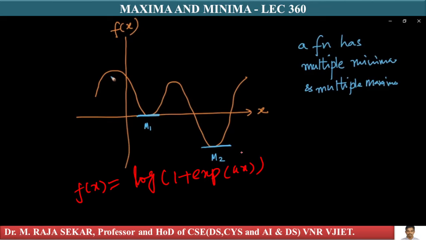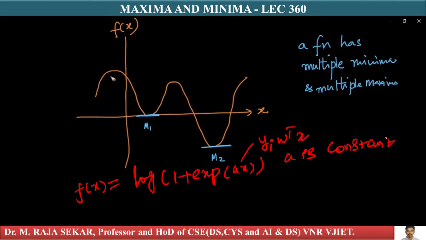In logistic loss, instead of ax, we have yi into w transpose x. Anyway, let's assume a is constant.